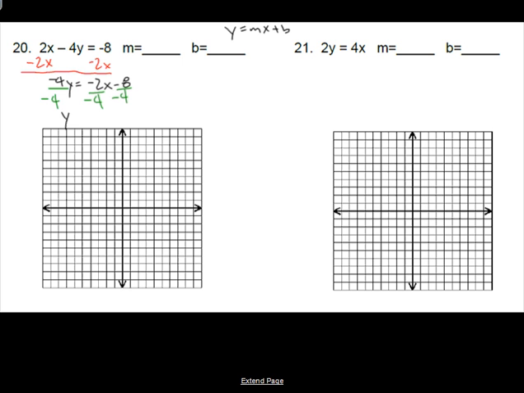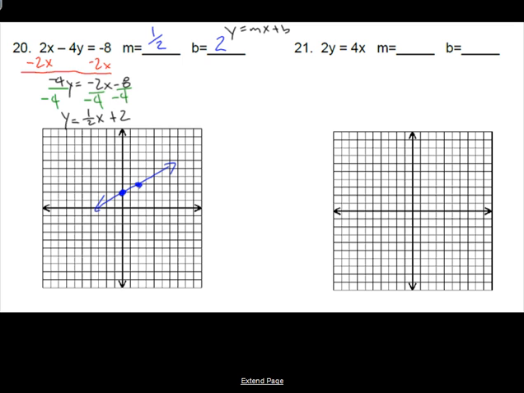And I see that y is equal to 1/2 x plus 2. My slope is 1/2. My y-intercept is 2. I always start with the y-intercept, so from the origin I go up 1, 2 places. I now must rise 1 and run 2 to the right. And we have now graphed number 20.